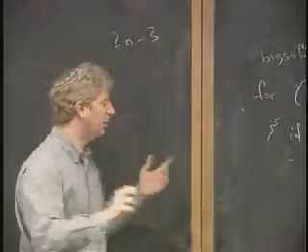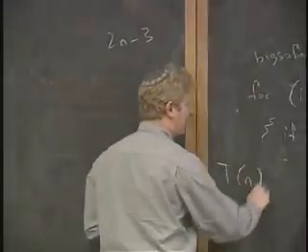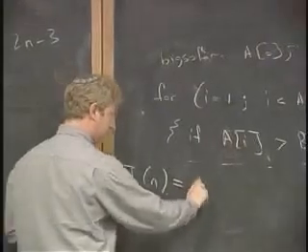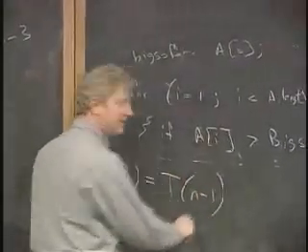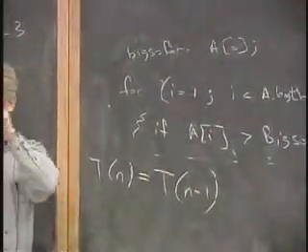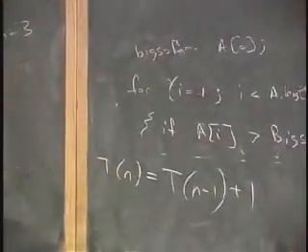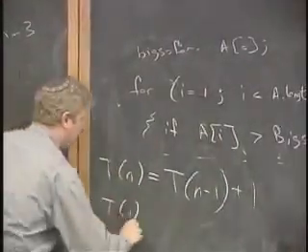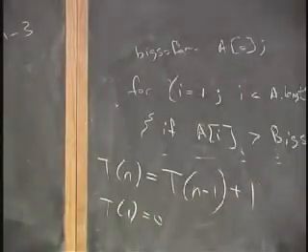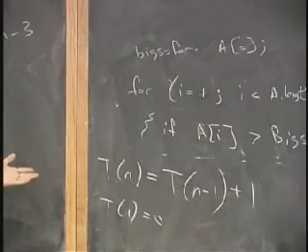Everyone agree? What would the recurrence equation look like? T(n) is the same problem with one less, plus one comparison at the end. If you solve this recurrence equation, and T(1) equals 0, because if there's one element, you just return it, then you get the same old n minus 1.